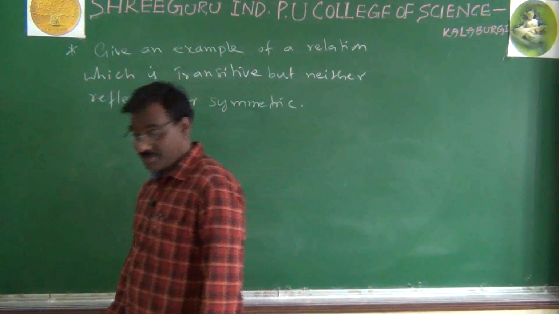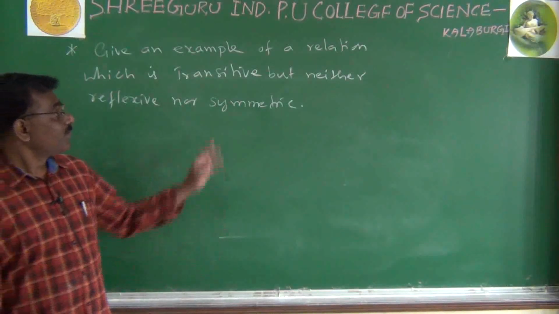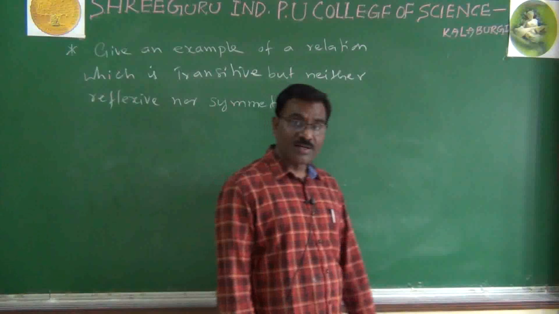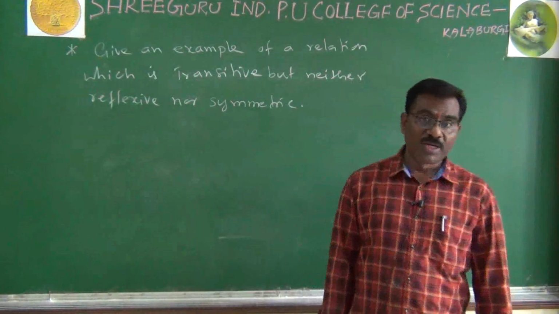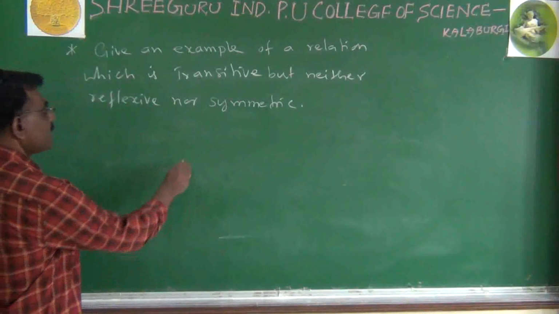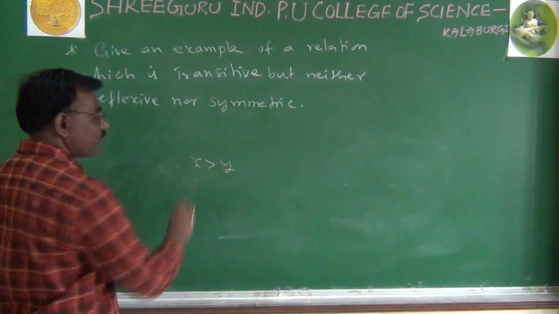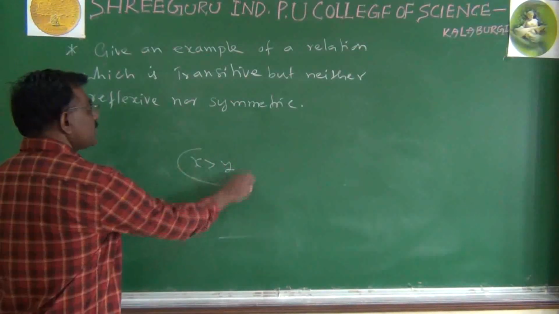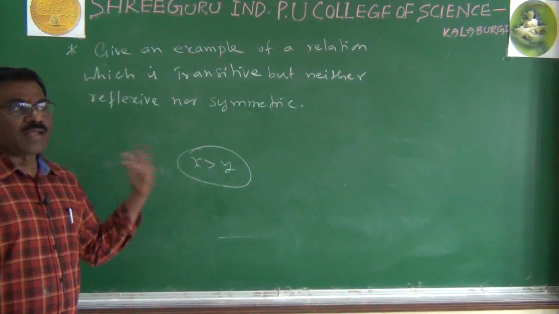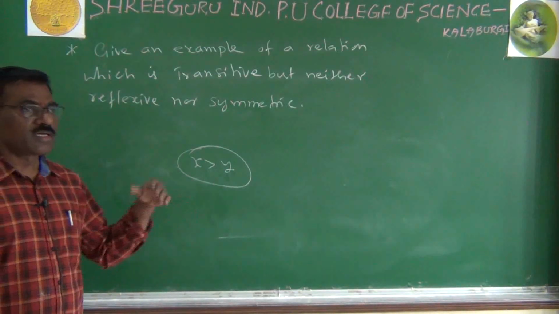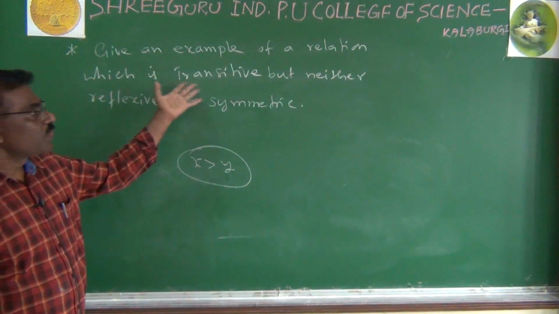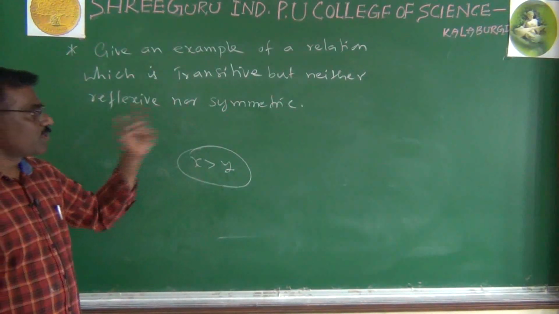Transitive relation, no reflexivity, no symmetry: I think it should be greater than or less than, both are correct. Suppose x is greater than y. In this condition, the relation R, is greater than, is transitive but neither reflexive nor symmetric.